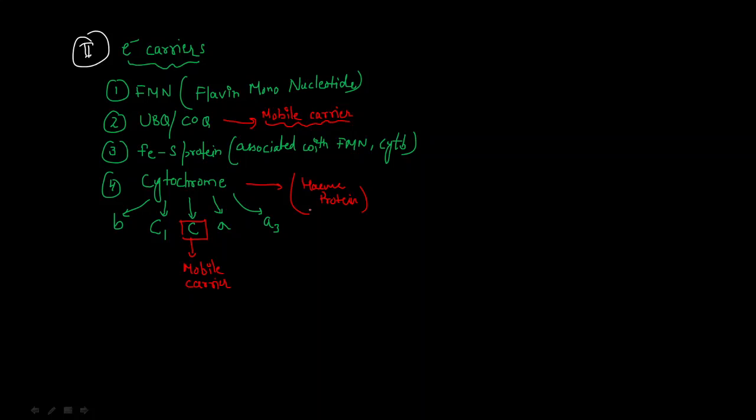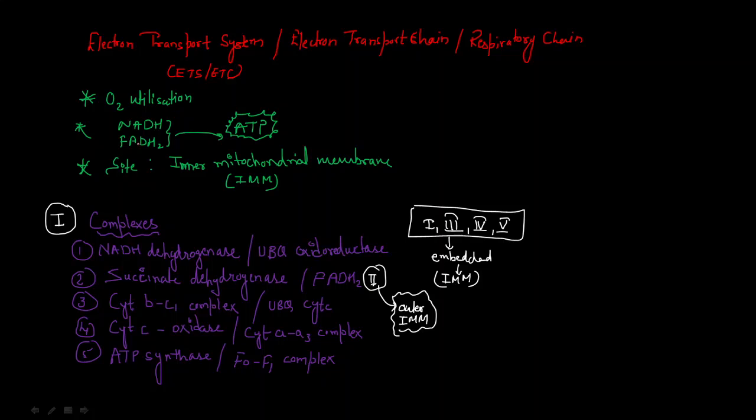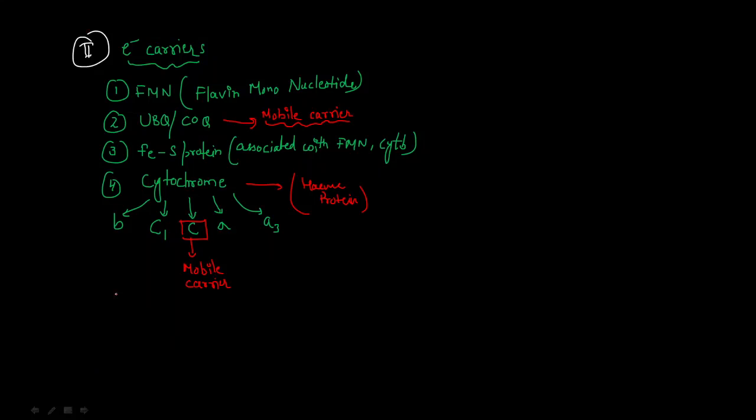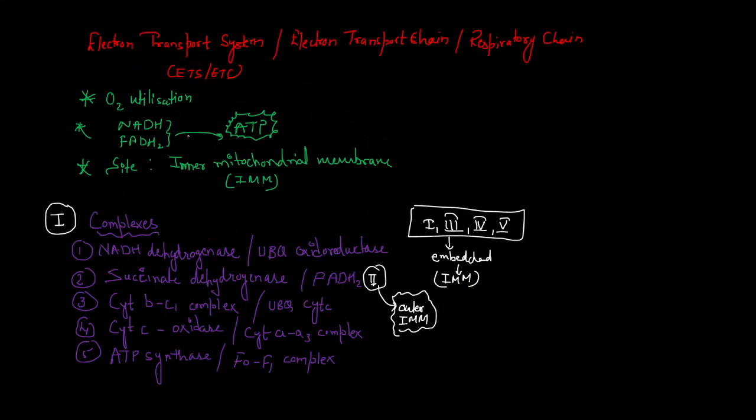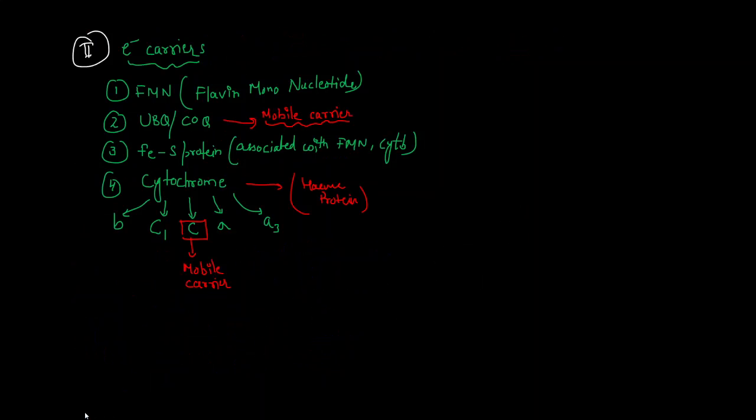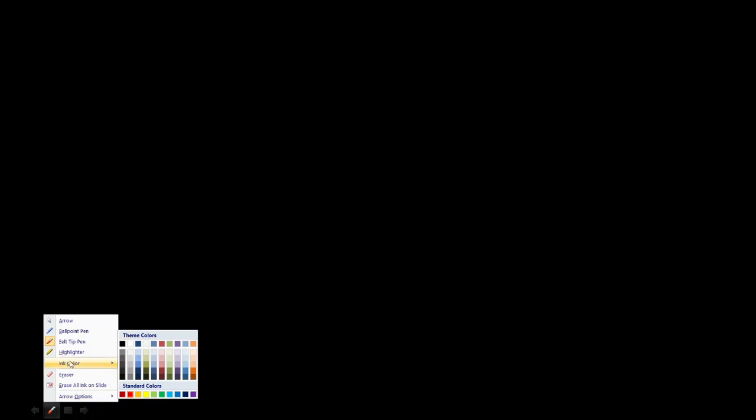So heme protein. Okay. So the electron transport system, we have seen, has two things: the presence of complexes, and the presence of certain electron carriers. And the location of this electron transport system is the inner mitochondrial membrane. So let us just draw this electron transport chain and see what is going to happen there.